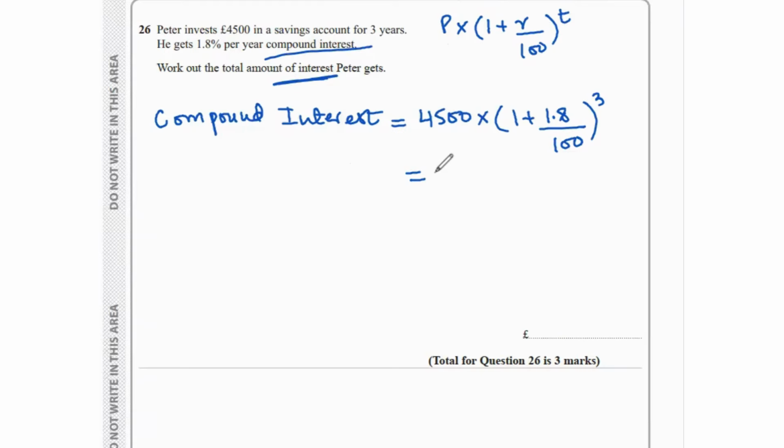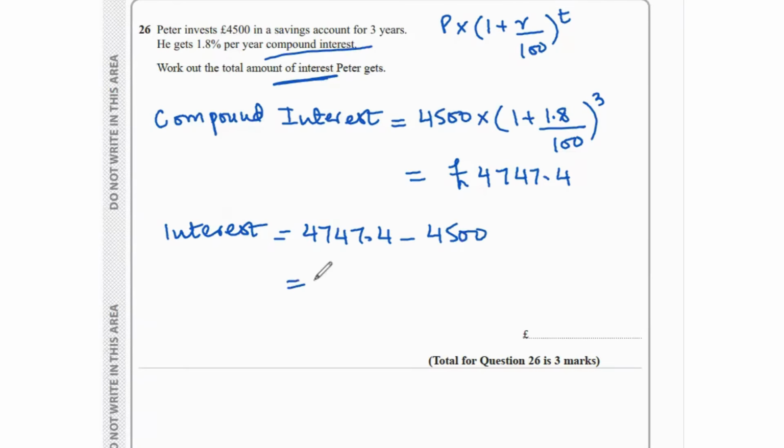So that's going to give us 4,747.4. They want the interest earned. So for the interest, you will subtract the investment from this amount. That equals 247.4 pounds. That is the total amount of interest he's earned in 3 years.